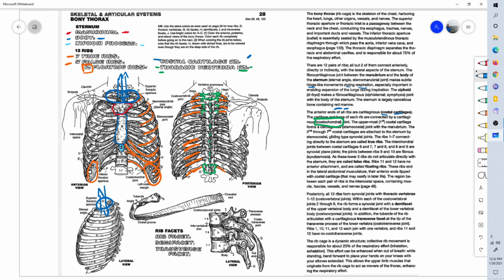Now down here, what we find is a close-up of what's happening in the rib joints. How does the rib connect to the thoracic vertebra? Well, here are the thoracic vertebrae. Here's T5, T6, T7. And notice the processes that come off of the vertebra.